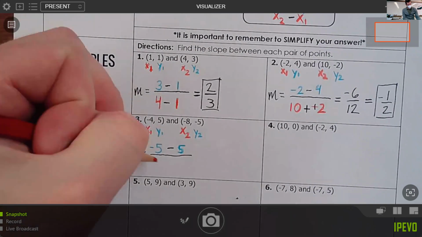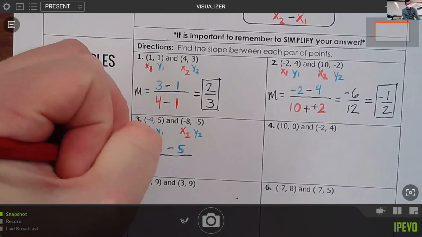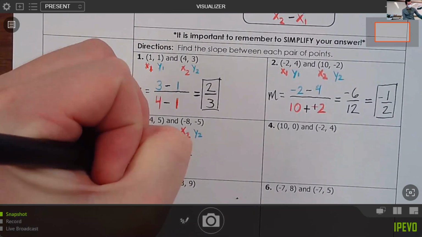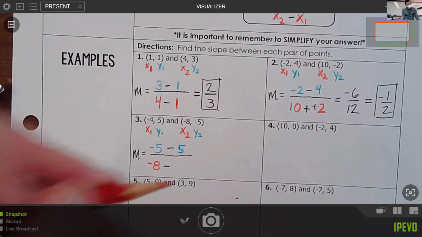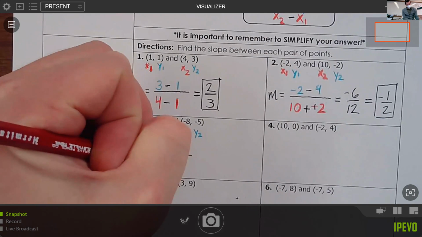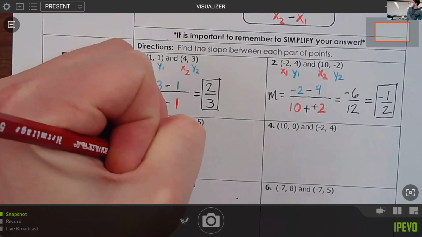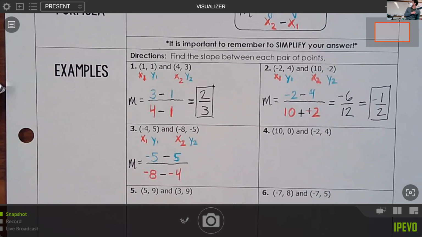Excellent. Each of our values of x this time has a negative with it, but we also need to make sure that we have the minus in there as well. So -8 minus -4. So there's the math problem that we are writing for number 3: -5 minus 5 over -8 minus -4.